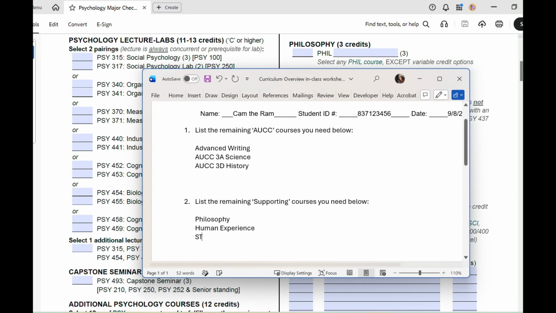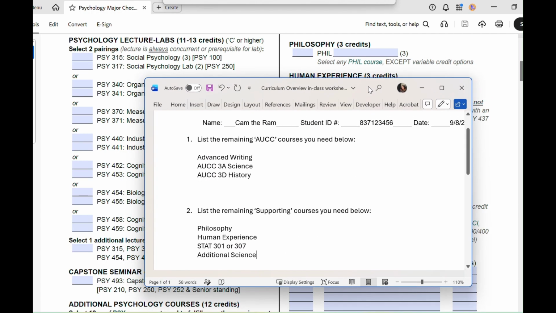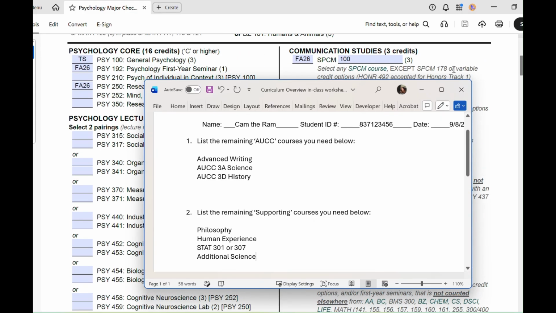So remember, you can do Stat 301 or 307, and there is the additional science mapped out. These 4 courses are the remaining supporting courses that CAM-the-RAM needs.